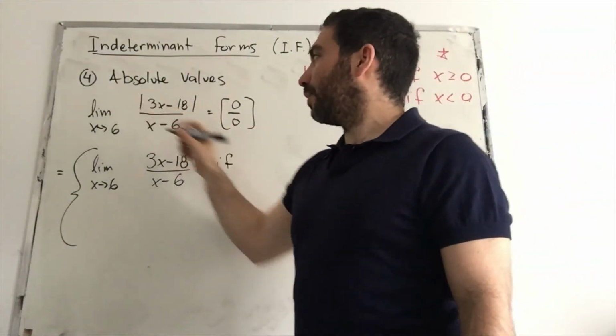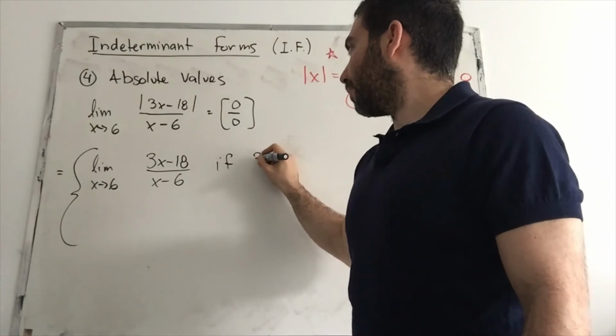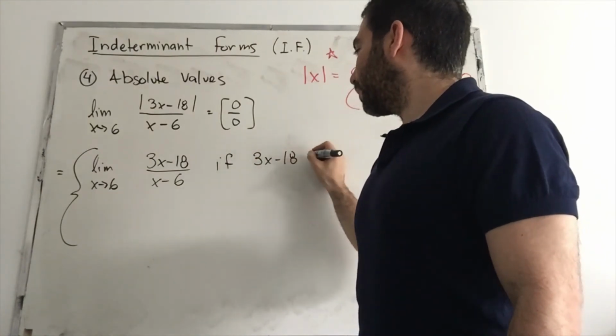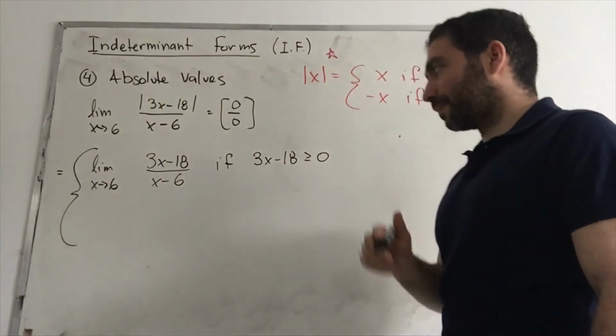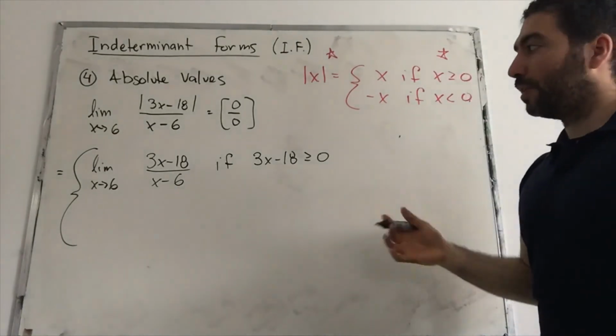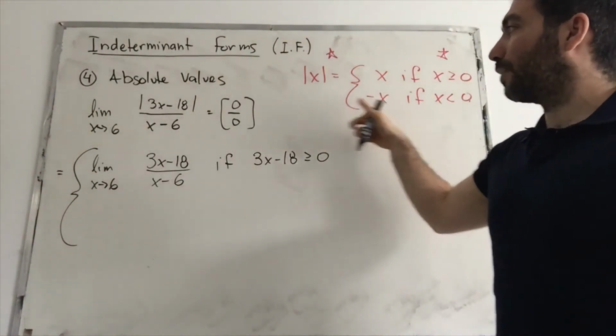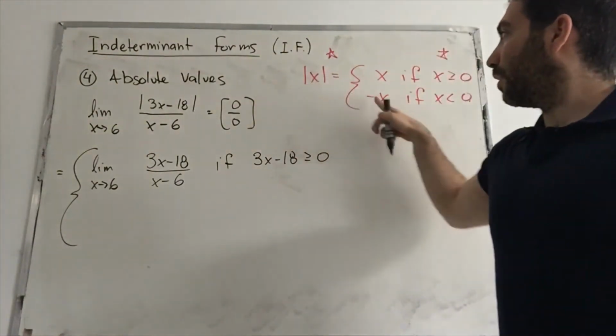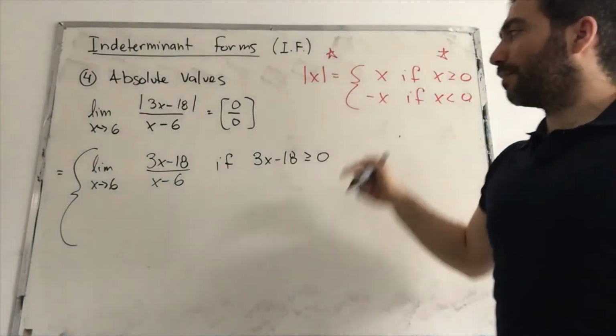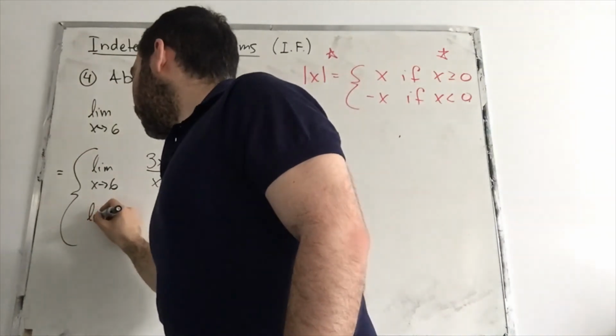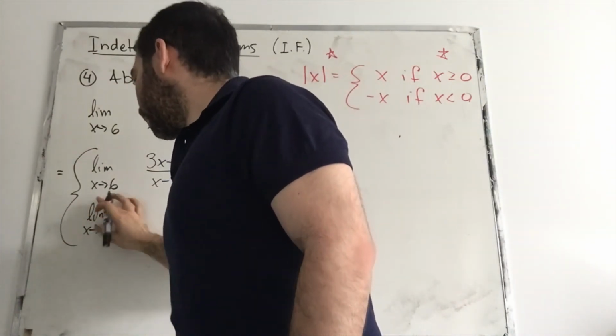So here what's in the absolute value is 3x minus 18, has to be greater or equal to 0. Okay. We use the same argument for the bottom. It splits off. Whatever's in the absolute value, essentially we put it in brackets and put a negative in front. So I'm just going to rewrite the limit as x approaches 6.